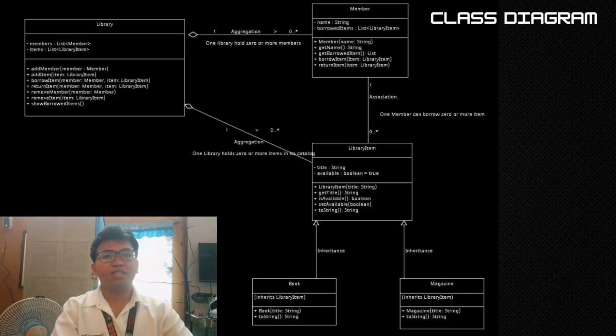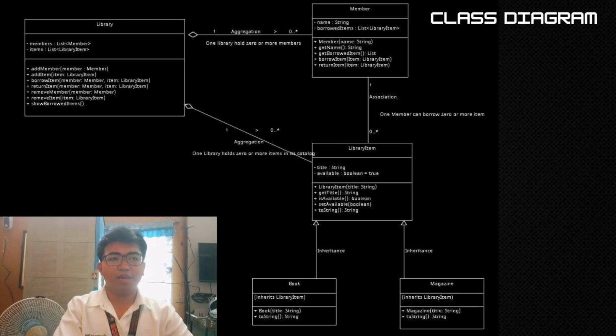The member class represents a person who borrows items and it stores the member's name and the list of borrowed items, and a member can borrow and return library items using that. It has an association relationship with library item.